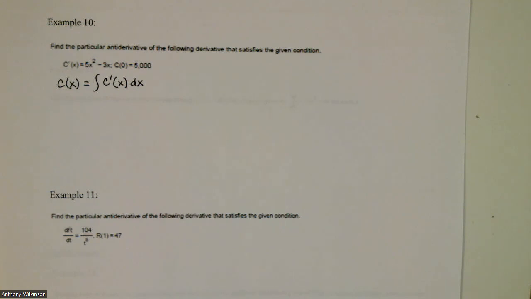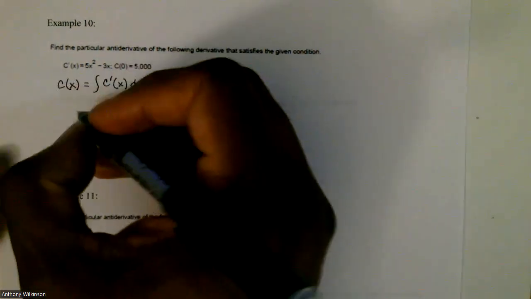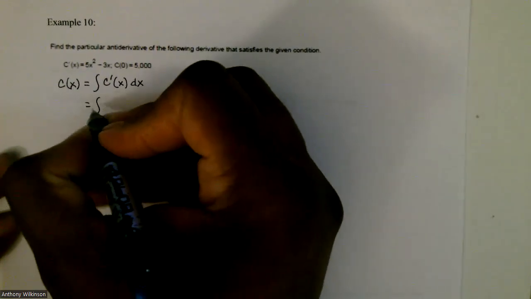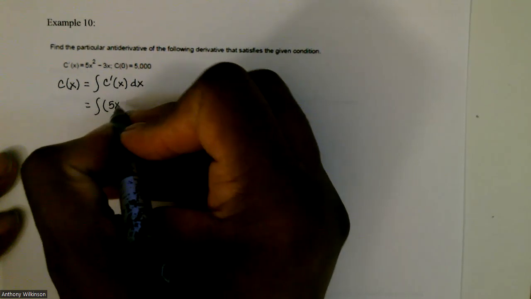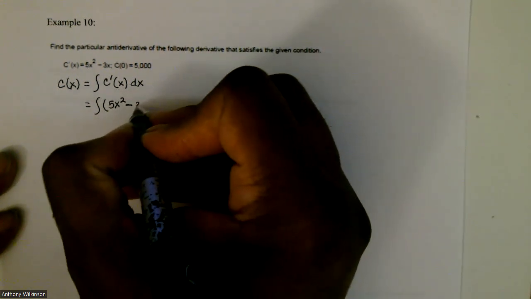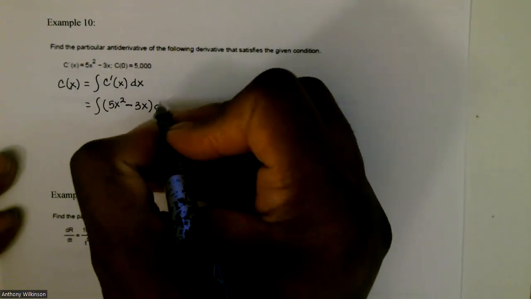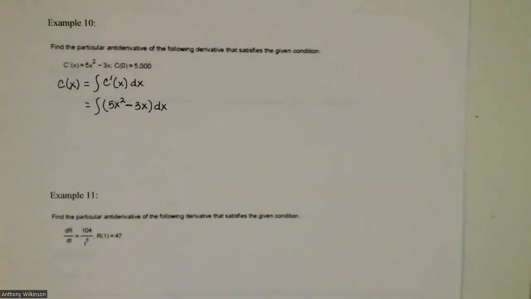So we need to integrate that derivative function with respect to x. And c prime of x in this case, if I bring down the integral, would be the integral of 5x squared minus 3x dx. And notice I'm keeping all of this in parentheses here.